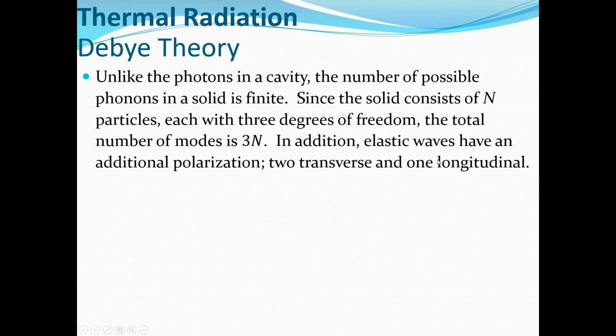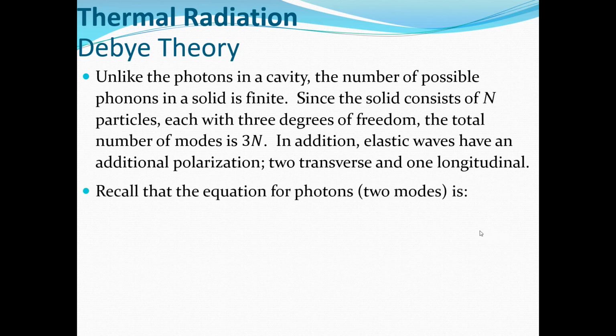But here, elastic waves actually have 3 polarizations. The elastic waves can be the 2 transverse, just like with the light waves, but they can also come in the form of longitudinal. So in this case, it actually can go in that z direction as a longitudinal wave.